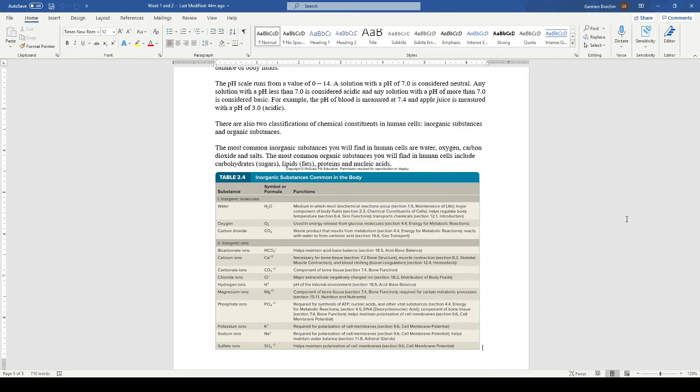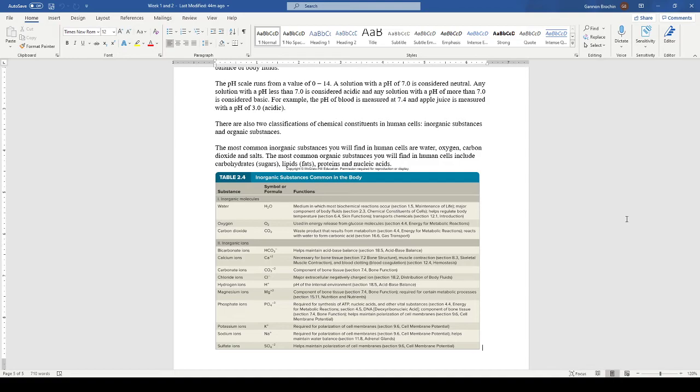Okay. The body has various pHs all throughout it, but the blood, which is the main transport system for material through the body, sits at about 7.35 to 7.4. Okay, and it has to be within that range.